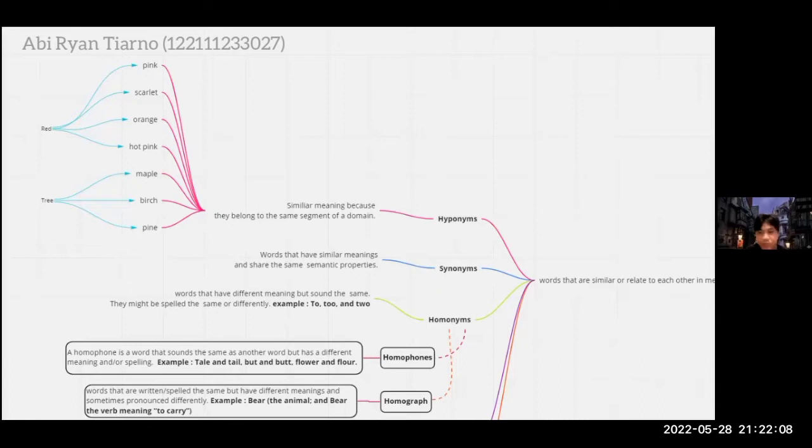So let's move on to the synonyms. Synonyms are words that have similar meaning and share the same semantic properties. These are words that sound different but mean the same.